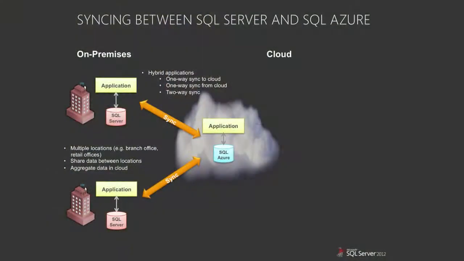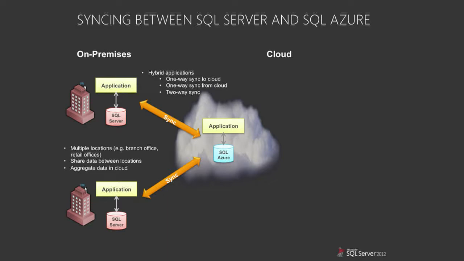It's also the case if you have multiple local applications running, collecting data, updating data, and so on, where you want to consolidate that data, bring it together and have a global view across the multiple locations, across the multiple data sets in one place. So here the cloud and SQL Azure can be used as that place to consolidate the data.